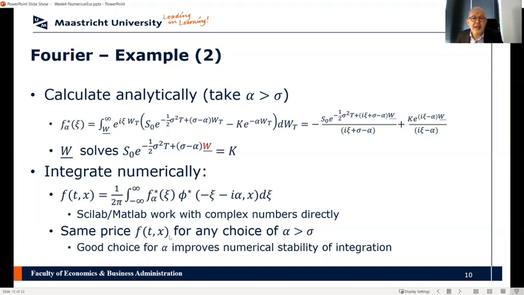So mathematically speaking, it doesn't matter which value of alpha I choose, because this alpha here is compensated by that value of alpha over there. So mathematically, the choice of alpha is irrelevant as long as I choose a value of alpha strictly larger than sigma. But it turns out that if you are a little bit clever and make a good choice for alpha, this greatly improves the numerical stability of this integral that you are evaluating numerically.